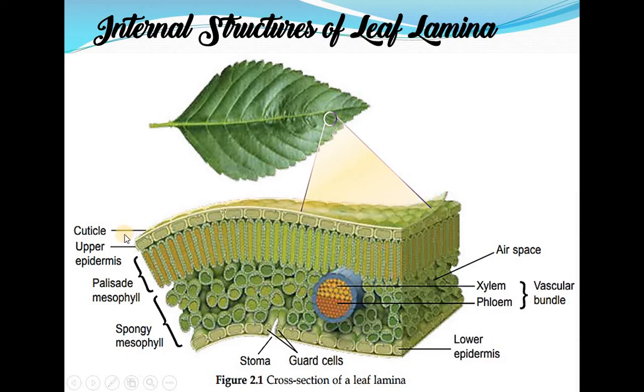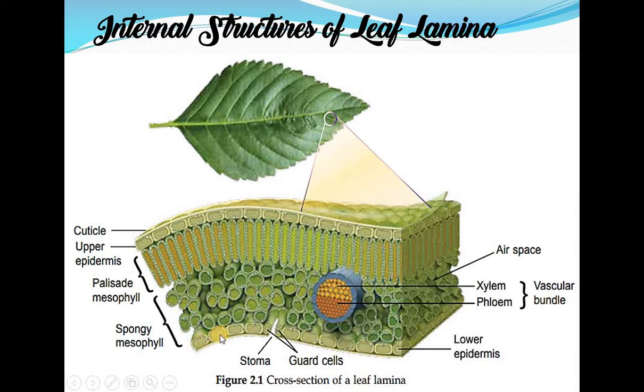The second one is the upper epidermis. And then this is the palisade mesophyll. And this one refers to the spongy mesophyll. Make sure you can differentiate between palisade and spongy.